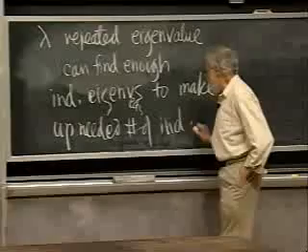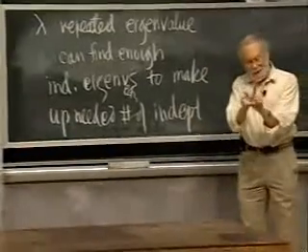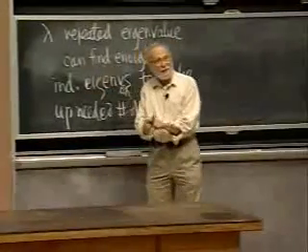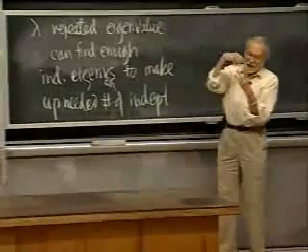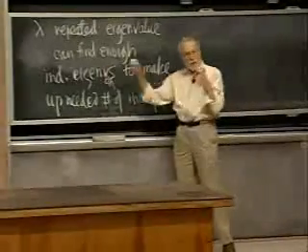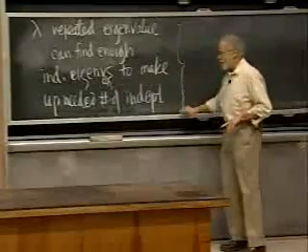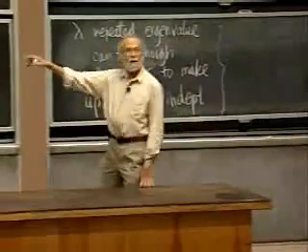For example, if it's repeated once, that is, it occurs doubly, then somehow I've got to get two solutions out of that, as I was able to here. If it occurs triply, I've got to get three solutions out of it, so I would look for three independent eigenvectors and hope I could find them. That's the good case, because it tells you how to make up as many solutions as you need.